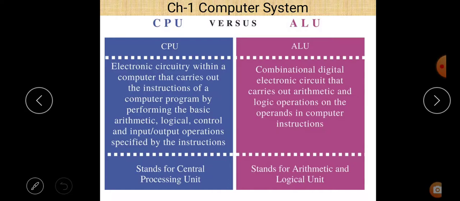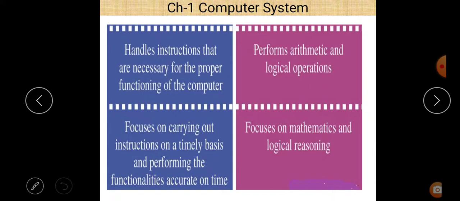CPU stands for central processing unit, while ALU stands for arithmetical logic unit. CPU handles instructions that are necessary for the proper function of the computer, and ALU performs arithmetical and logical operations. CPU focuses on carrying out instructions on a timely basis and performing the functionalities accurately on time, while ALU focuses on mathematical and logical reasoning.